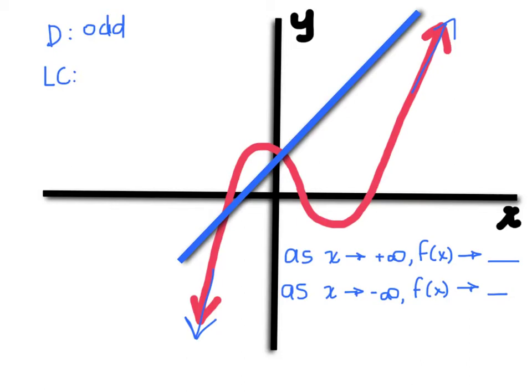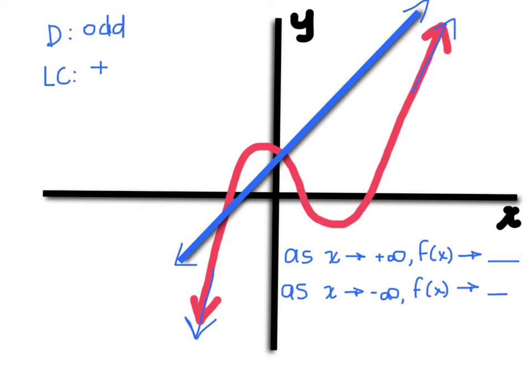So the leading coefficient here has to be positive. So all odds, if it's a positive leading coefficient, will go up to the right and down to the left. Rise to the right, fall to the left.